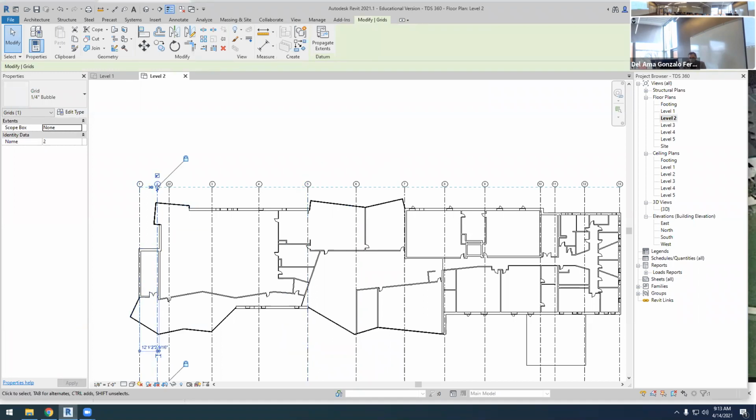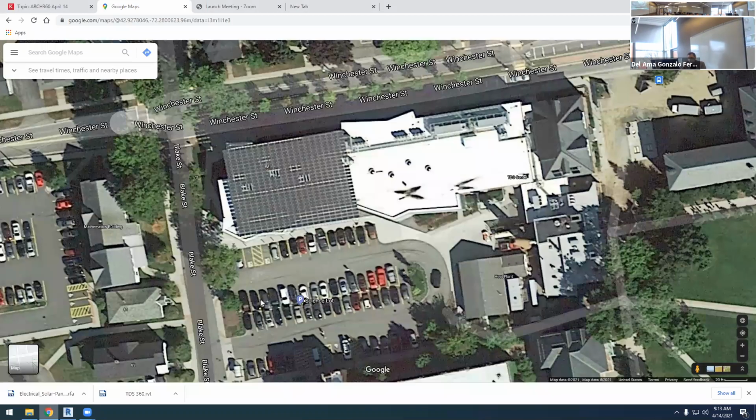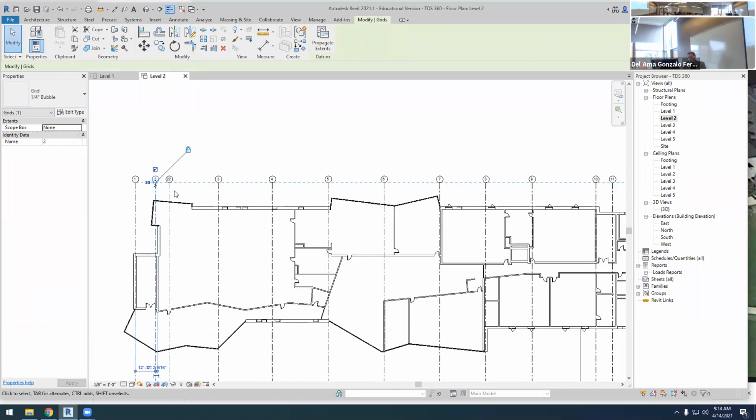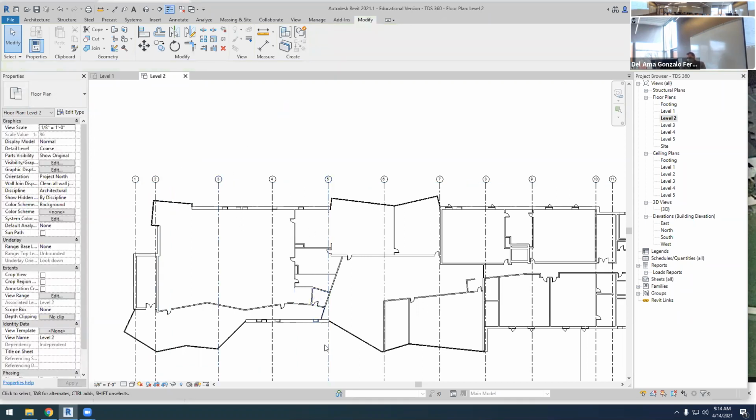This volume is out of the PV array. I don't want to be extremely accurate, but I think this is the first grid. We don't need this 22, and that will be the first.